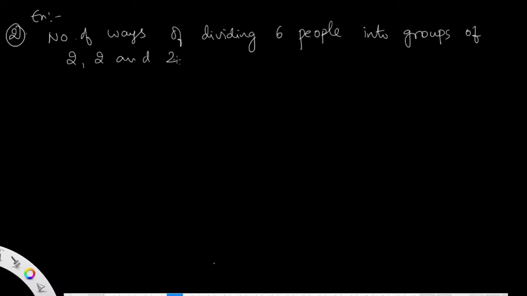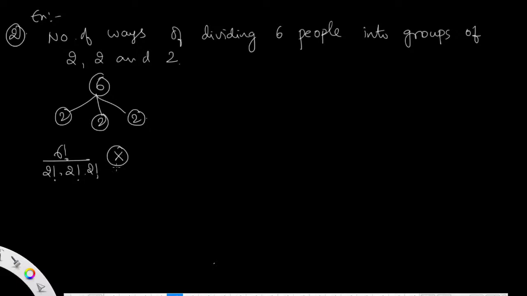Same thing: the group size is equal and the sizes are 2, 2, 2. Three groups are there. By taking a rough sketch, the first group size is 2, another group size is 2, and the third is 2. Indirectly we can write 6 factorial by 2 factorial into 2 factorial into 2 factorial. This is not the correct way. Then how many groups are there?